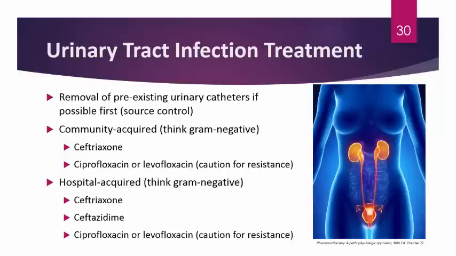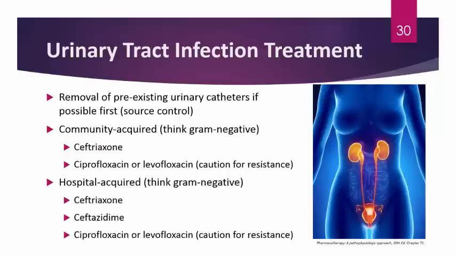For urinary tract infection treatments, it's important to remove any pre-existing urinary catheters if possible first, so always do source control first. For community-acquired urinary tract infections, we're typically thinking gram-negative organisms. So as a result, a third-generation cephalosporin such as ceftriaxone actually covers most of the gram-negatives that we're concerned about. For community-acquired, we're not really concerned about Pseudomonas, and we're not really concerned a lot about Pseudomonas with the hospital-acquired either.